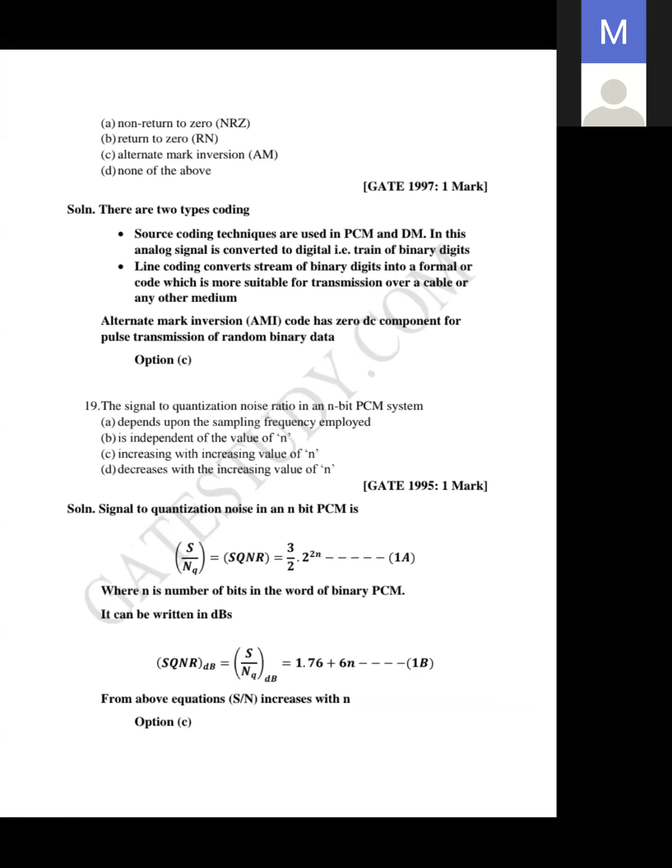Next, the signal to quantization noise ratio in an n-bit PCM system. Here they ask what the SNR, signal to noise ratio, depends upon. The formula for PCM is S by N equals 3 by 2 into 2 power n, where n is the number of bits we have converted.